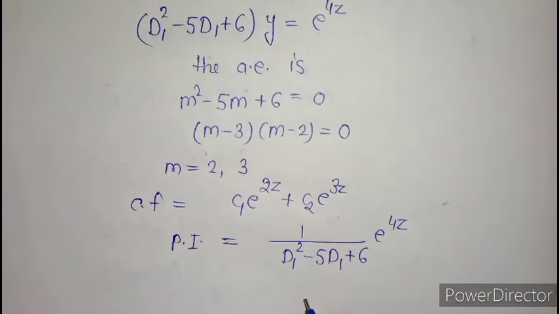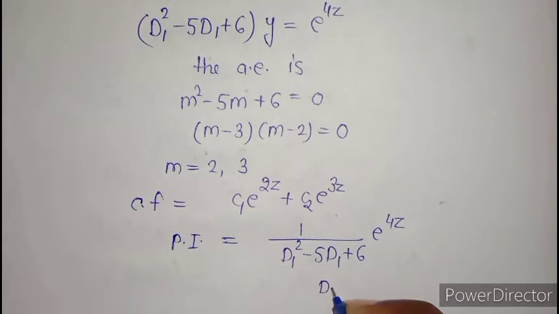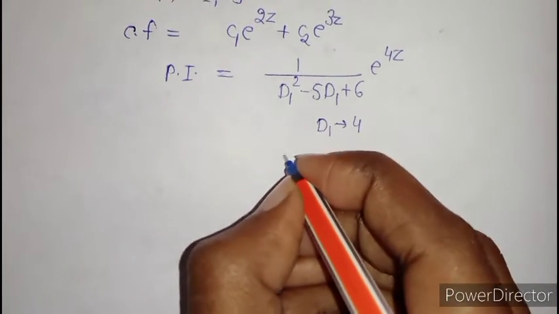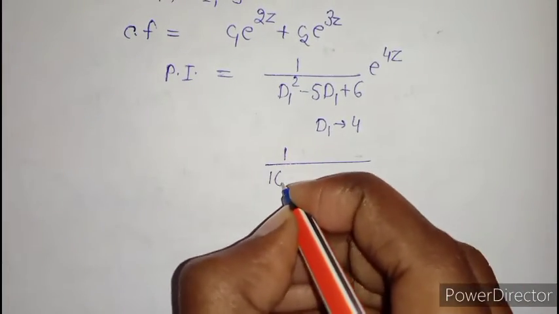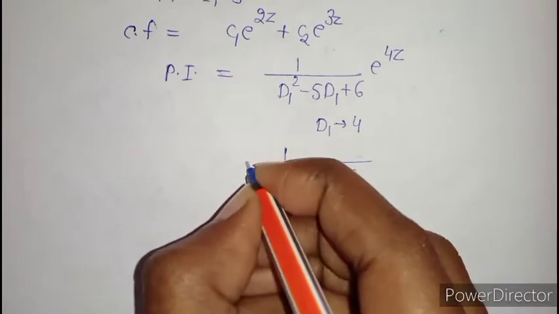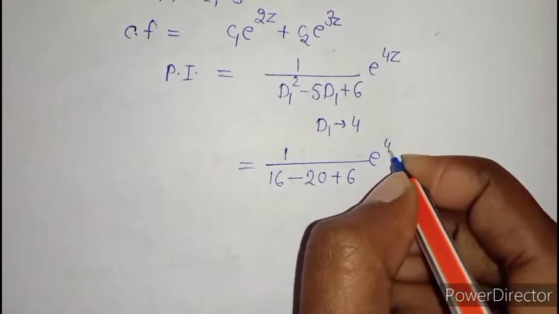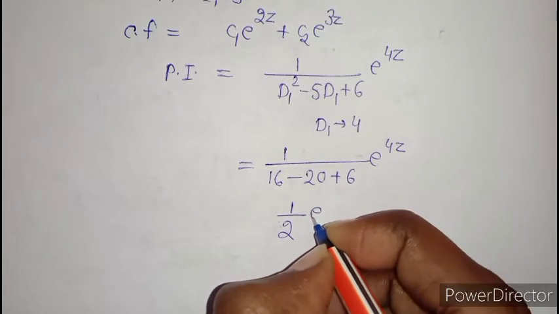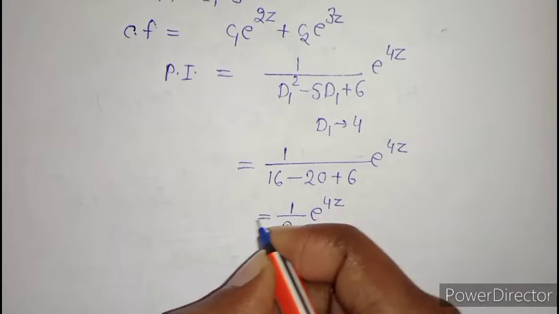Now we replace each D1 by 4. So if we replace, we get 1 by 16 minus 20 plus 6 times e raised to power 4z. So if we solve it, we get 1 by 2 e raised to power 4z. So this is our PI.